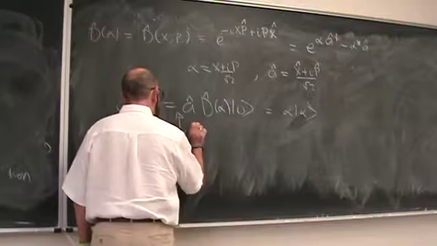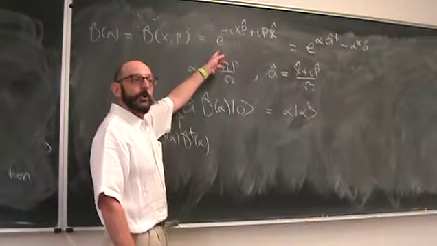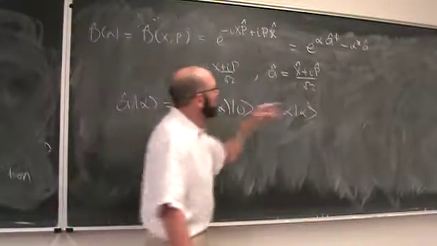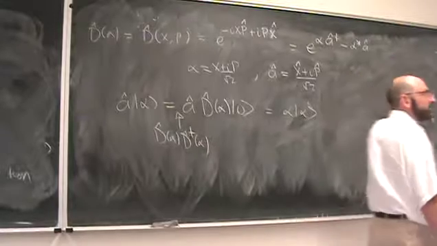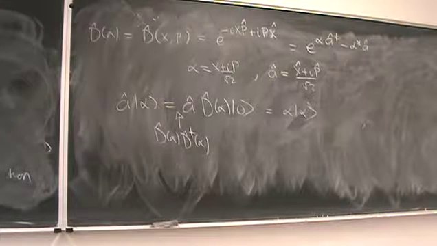It's clear that this operator is unitary, right? It's e to the anti-Hermitian operator. The exponential of the anti-Hermitian operator is unitary. So I can do that.